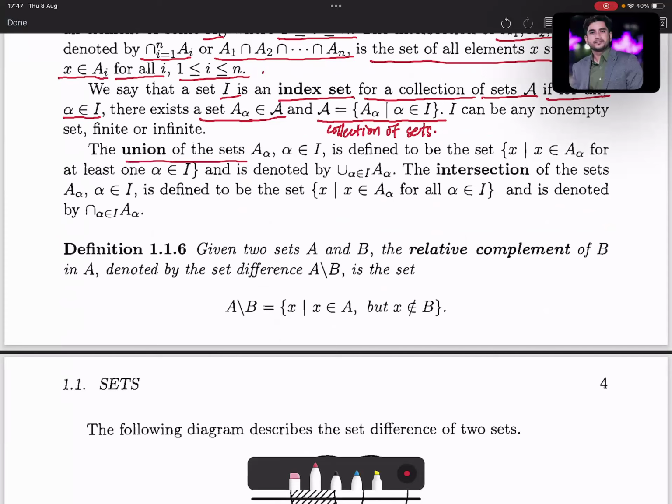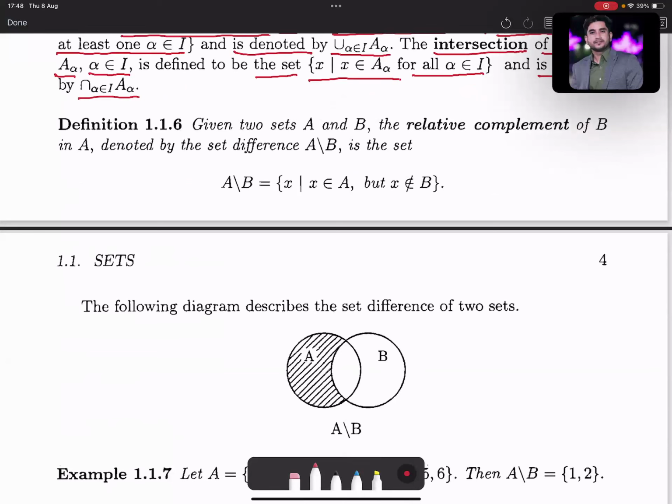The union of the sets A alpha, where alpha is in I, is defined to be the set of all x such that x is in A alpha for at least one alpha in I, and is denoted by union over alpha in I of A alpha. Similarly, the intersection of the sets A alpha, where alpha is in I, is defined to be the set of x such that x is in A alpha for all alpha in I, and is denoted by this signature.